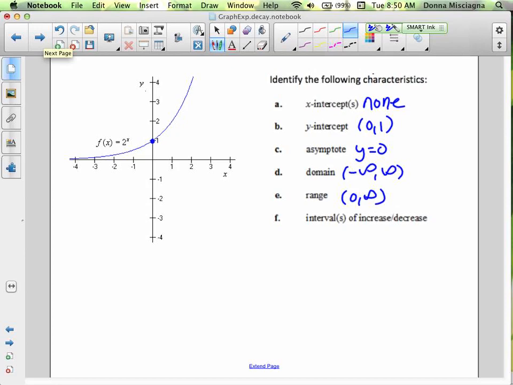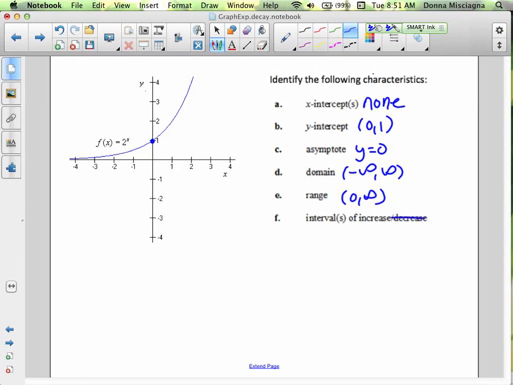As we look from left to right, is our graph increasing or decreasing? It's increasing. Is it decreasing anywhere? No, we always read from left to right. So there's no decrease.